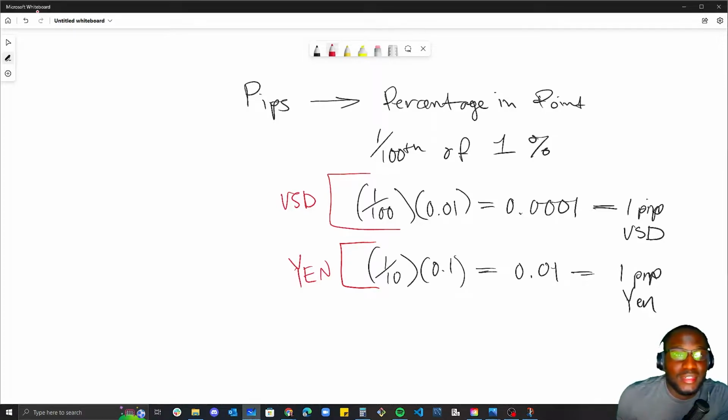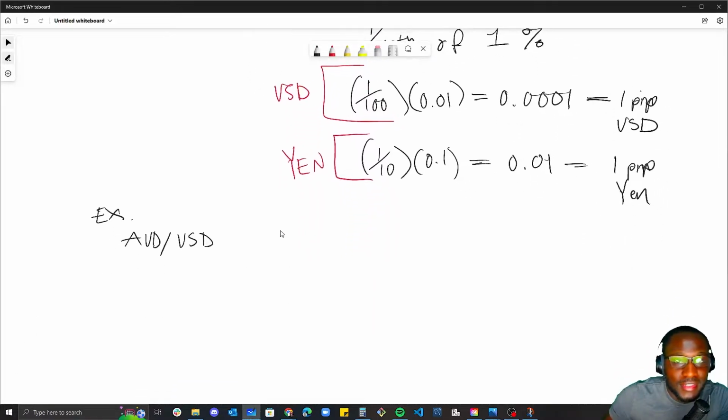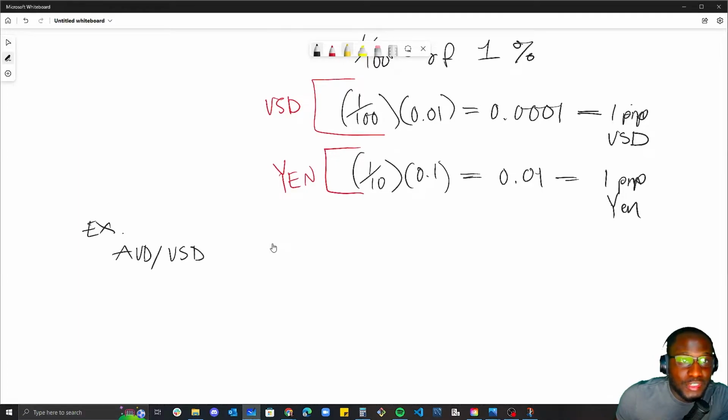How do we format this in an actual exchange rate? Well, for example, let's say we're looking at the Australian dollar exchange rate, and it is written like this. Also, I would like to clarify that the structure of an exchange rate is written as such, where the first currency is called the base currency, and the second currency after the slash is called the quote currency.